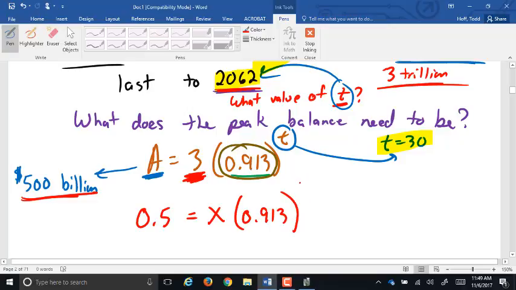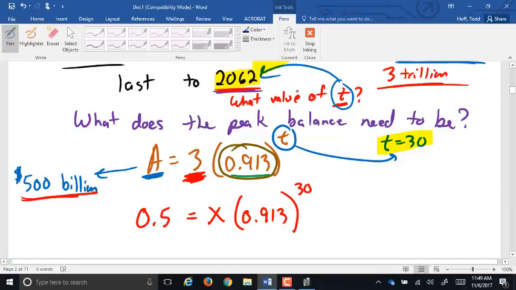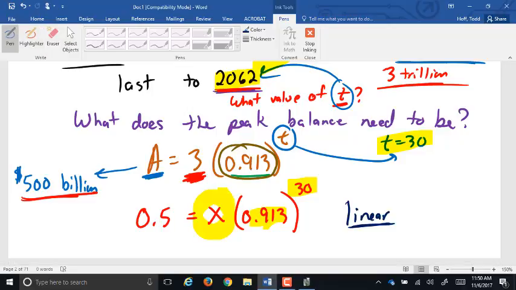What goes in for t again? 30. Well, what type of equation is this now? Yeah, you said it. Linear. It still looks like an exponential equation because there's an exponent in it, but where's the variable? It's right there. This is only exponential if the variable is the exponent.